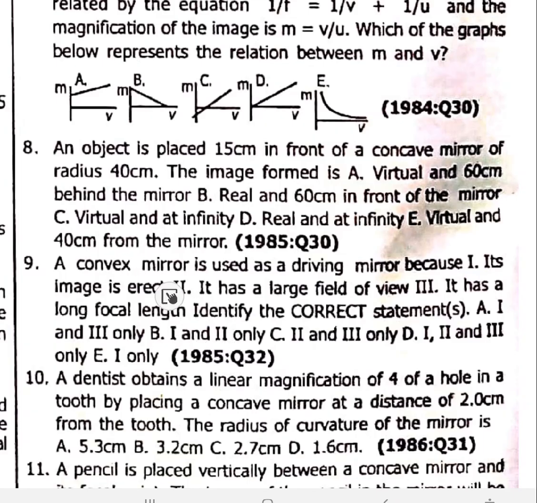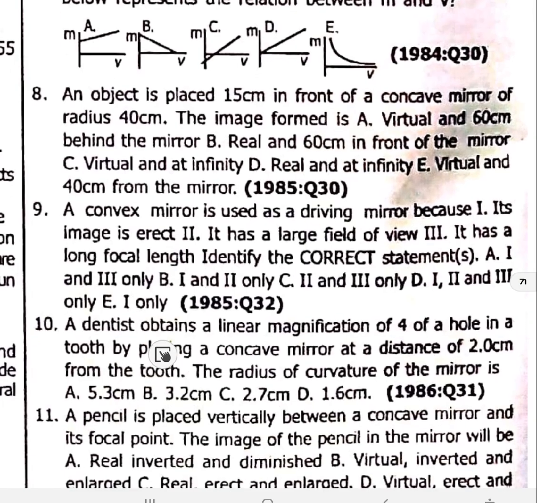Option B. Number nine is option B. The reason they use a convex mirror for driving is that the image is erect and you can see a large area.